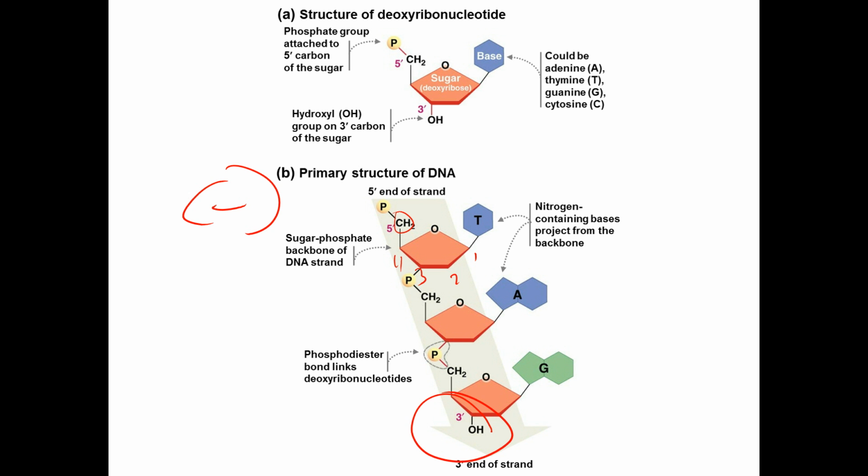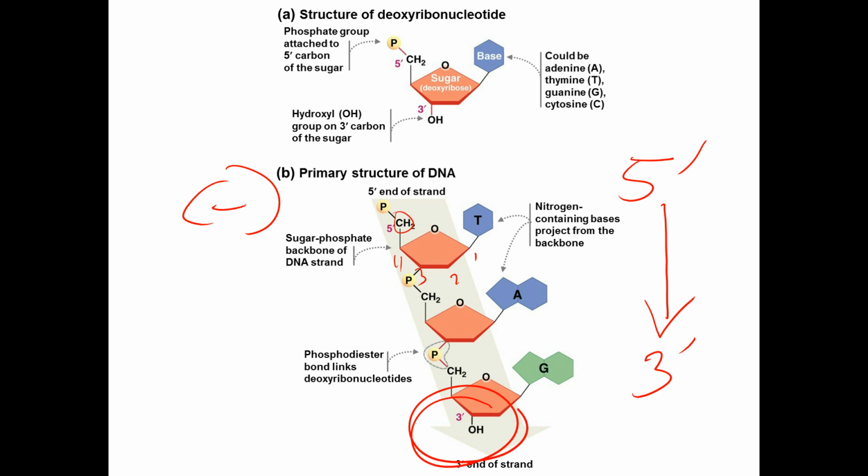In terms of your DNA and RNA nucleotides, they are always going to be assembled 5' to 3'. That means that nucleotides have to be attached to a free pre-existing 3' hydroxyl.